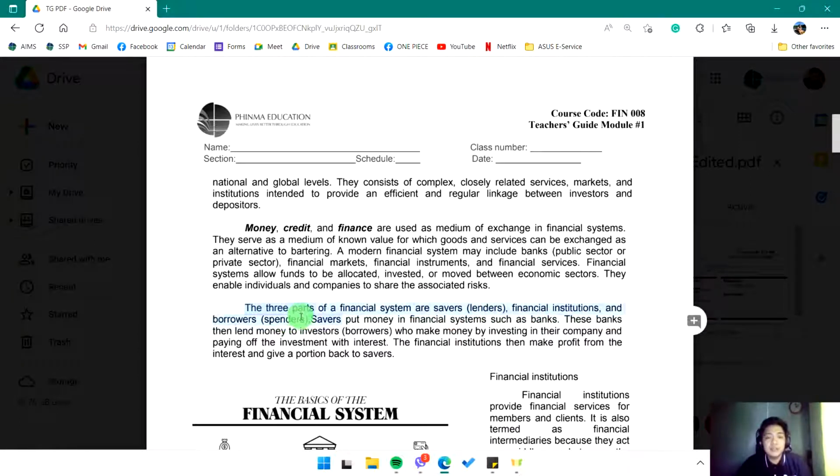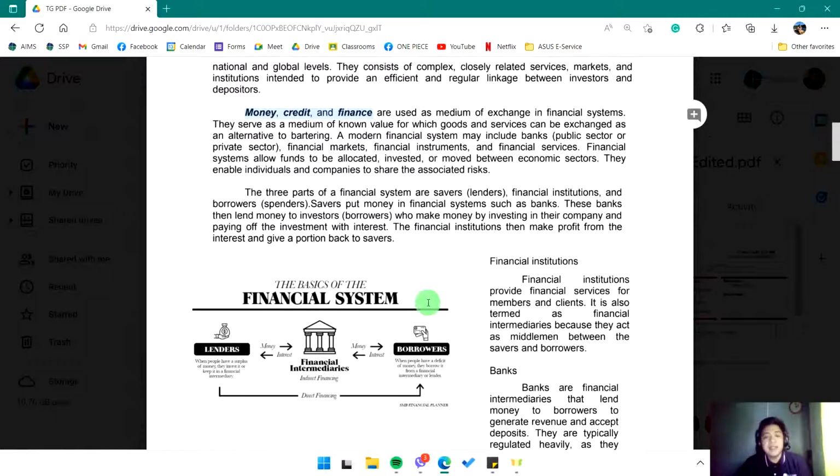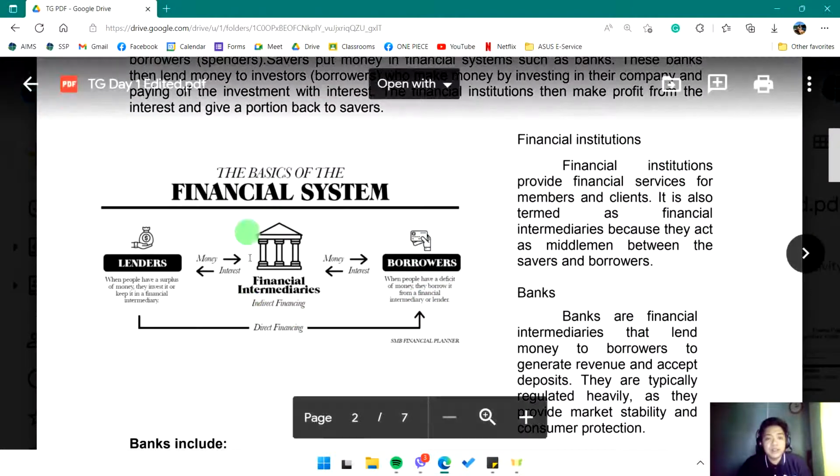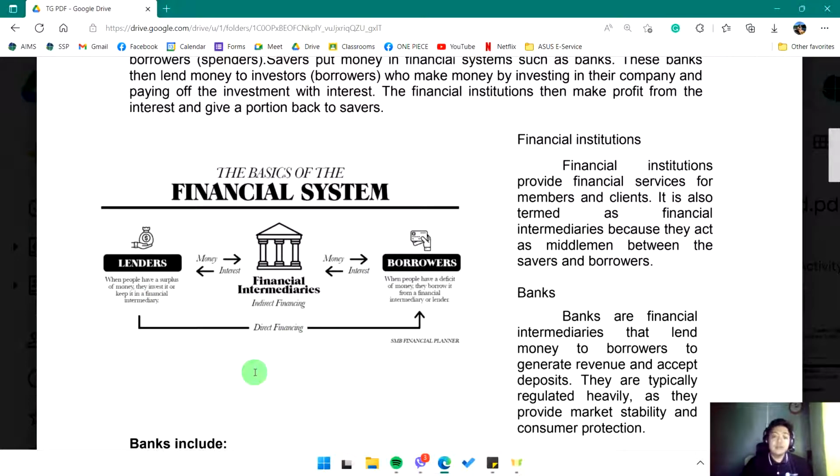And then the medium of exchange that we use is in the form of money, credit, and finance. If you look closely at this diagram in your modules, this clearly states what we mean by the financial system in the Philippines.